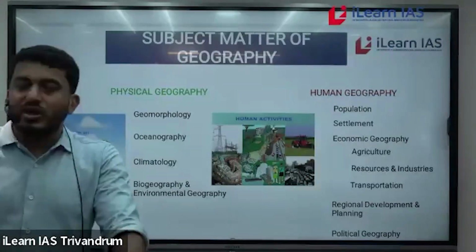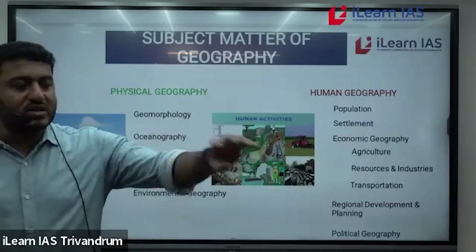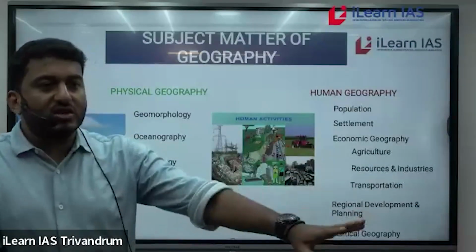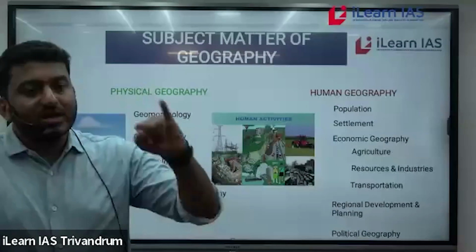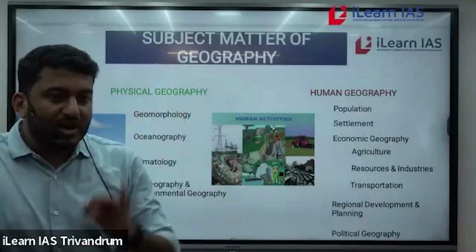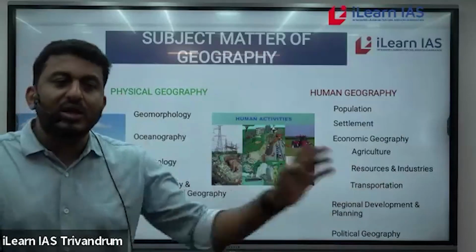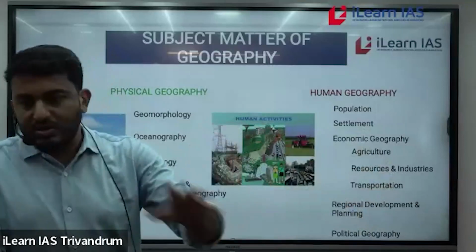And you are also studying the interrelation between these variables. Suppose I see a particular vegetation in any part of the world. The major factors which determine the presence of a particular vegetation are climate and soil. So we'll study climate, vegetation, and soil.